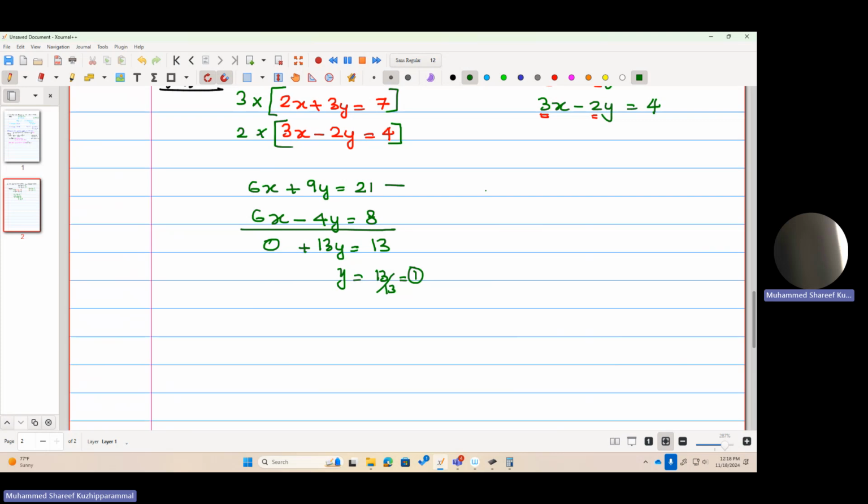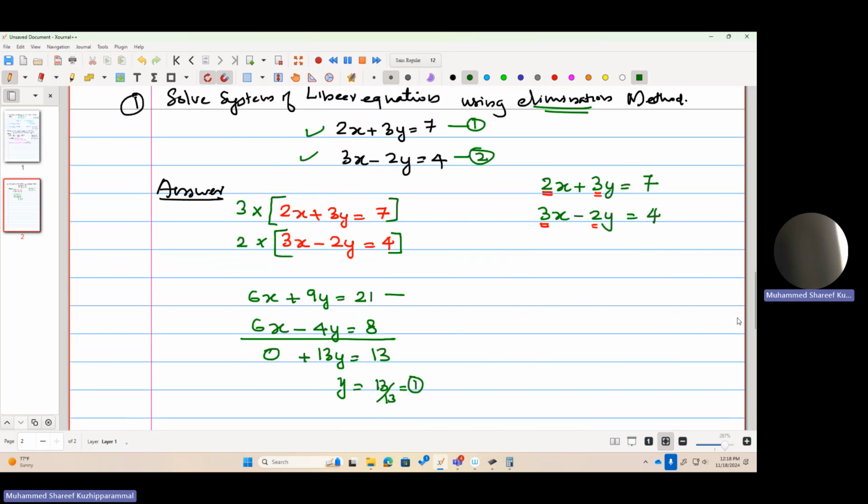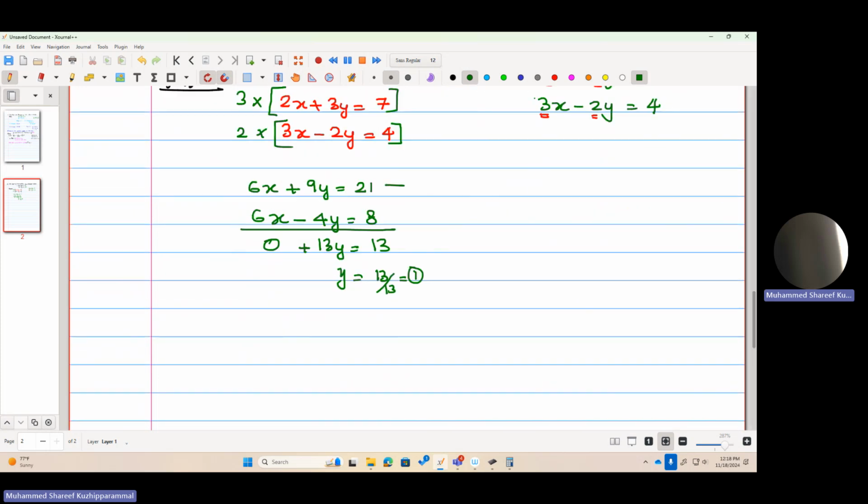And how to get the x value? This y value you put in the original equation, somewhere here or here. So 2x plus 3y equal to 7. I am going to substitute y equal to 1 here. So 2x plus 3 multiplied by 1 is equal to 7. So 2x is equal to 7 minus 3, 2x is equal to 4.